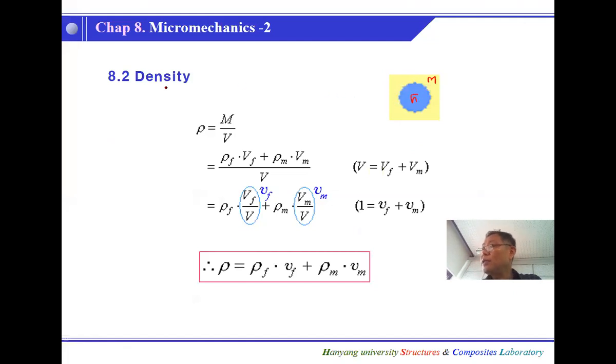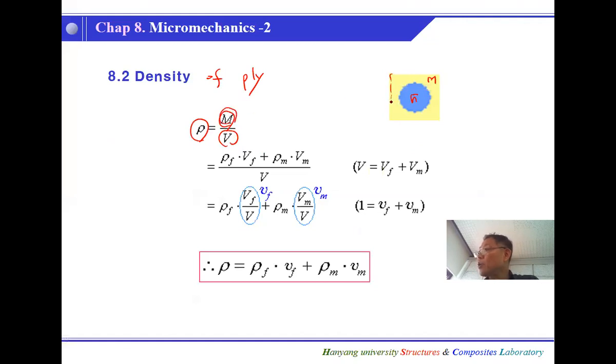And now, what is the density of a composite ply? Very simple procedure. Density, by definition, is mass per volume, right? Mass per volume, that is the density.